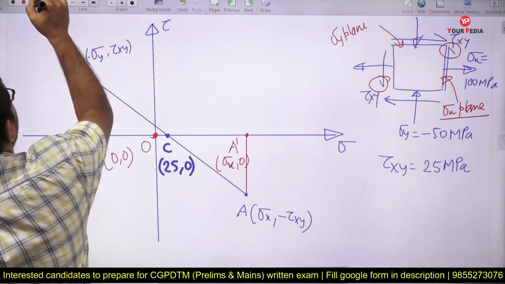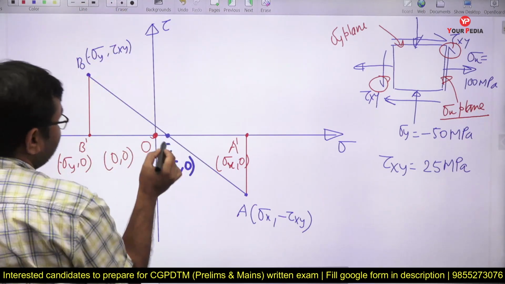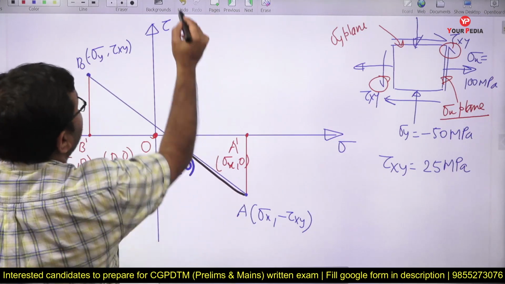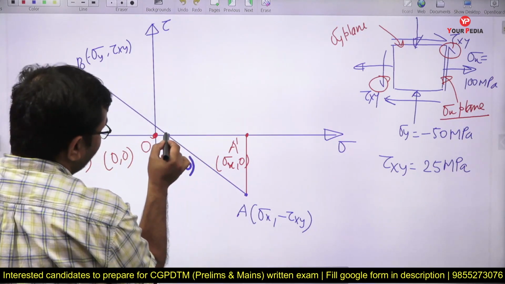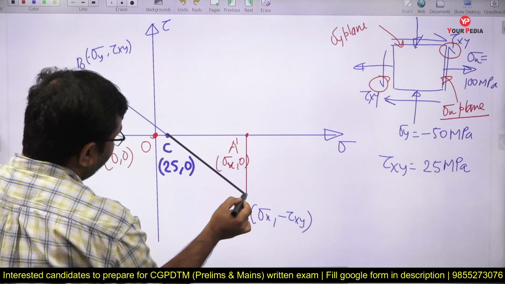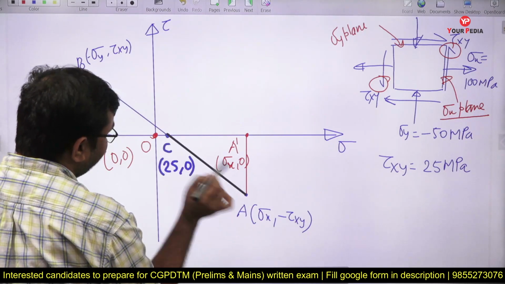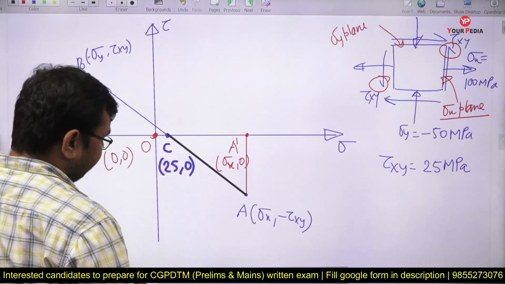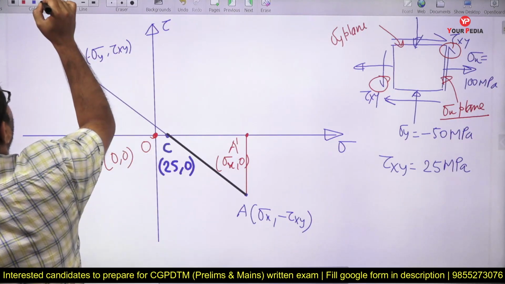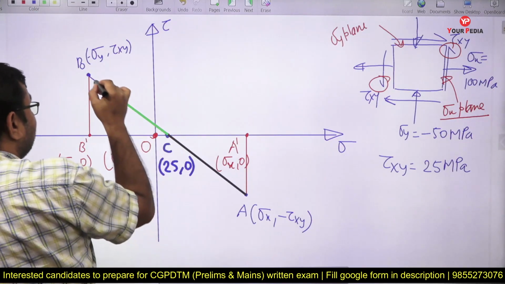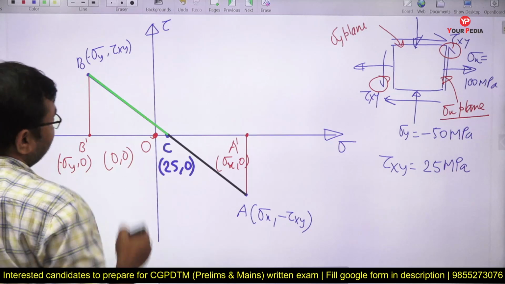And similarly you can see here, this is the sigma x plane. When you join A point with the center of the circle, this gives us the sigma x plane, and similarly when you join the center to B point, it gives us the sigma y plane.